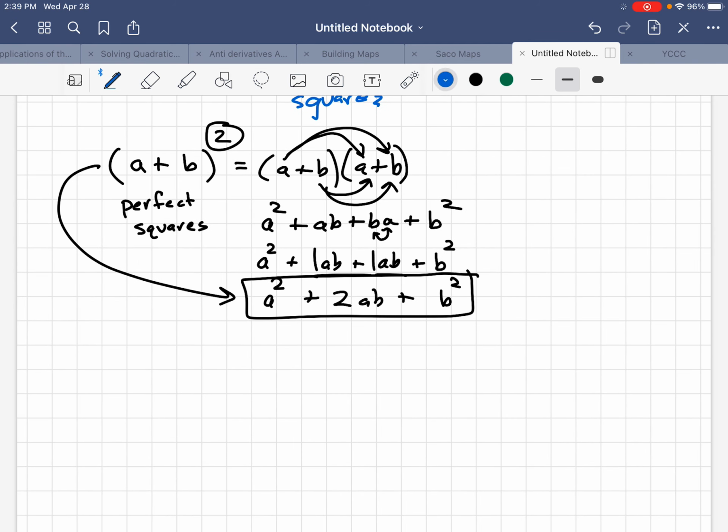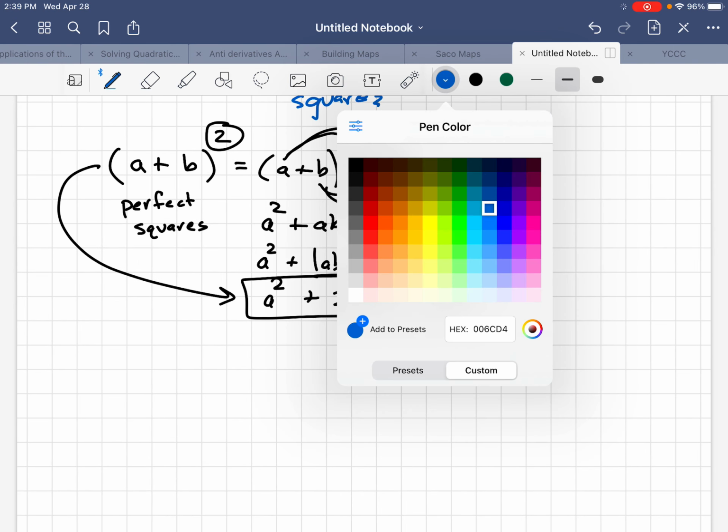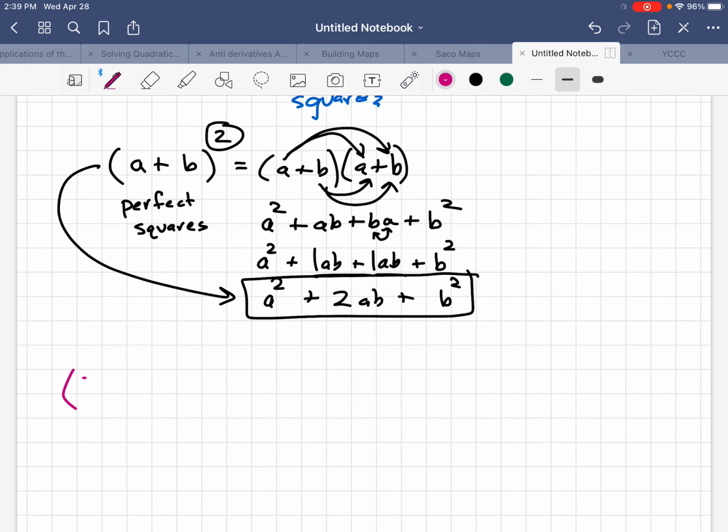Now let's apply that and use a shortcut, because we all love our shortcuts, to a different one. Let's go 7y minus 3 squared. So we have a plus b squared. Let's just make this a little bit easier to transition into it, changing this to a positive so it matches up nicely.